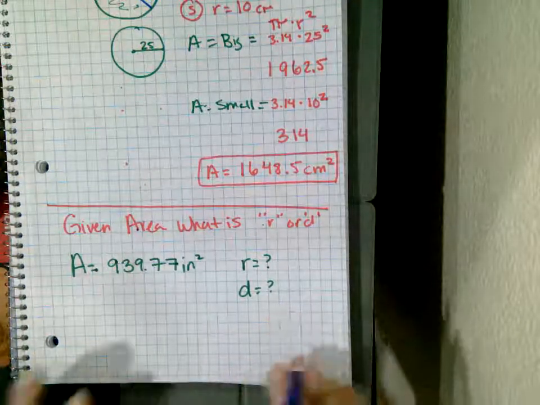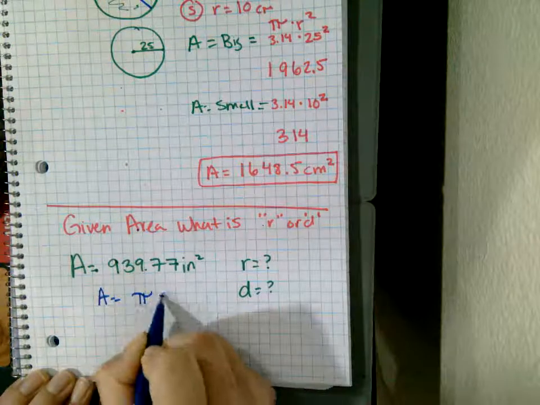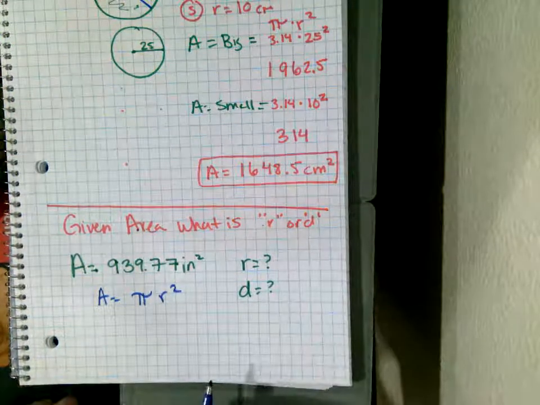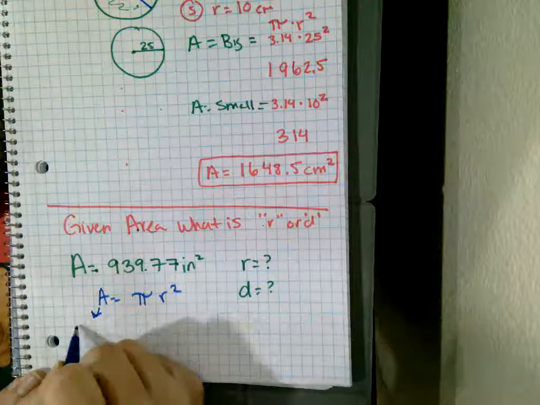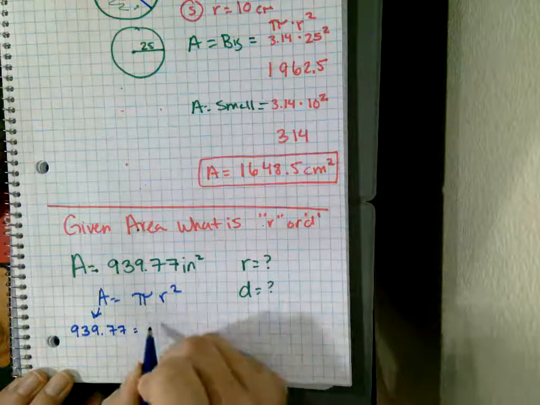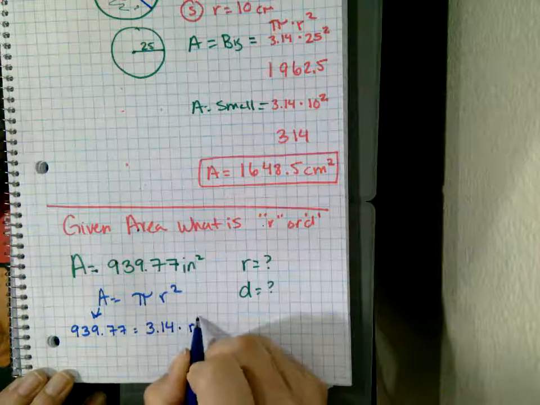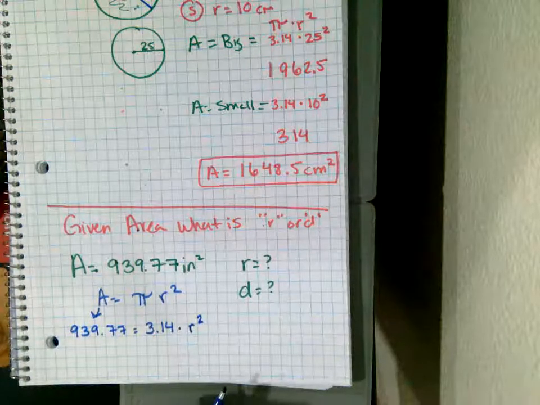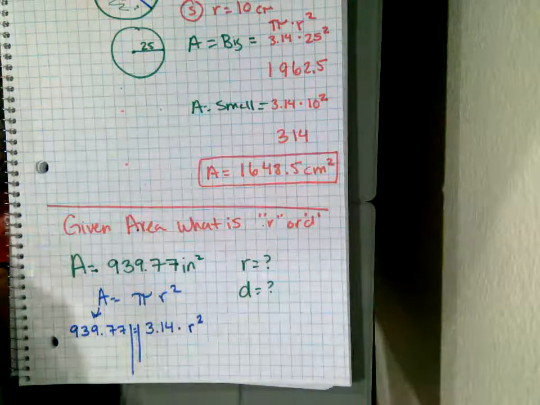Well, you know that area is equal to pi r squared, correct? I know this information. Area is 939.77 equals pi, 3.14, times I don't know what radius squared is. That's what I'm trying to solve for. So you work your magic, you solve.